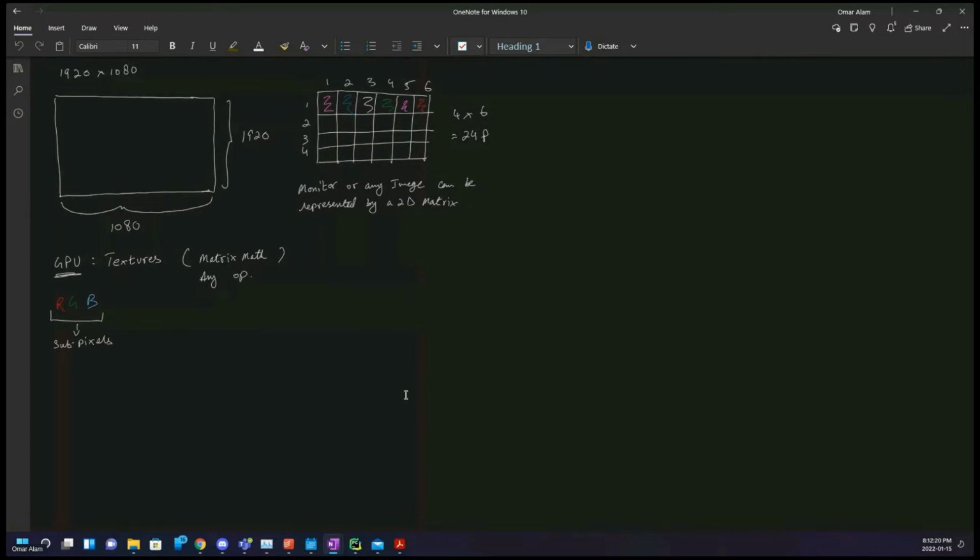And each subpixel, R, G, and B, has its own individual value, which can go from 0 to 255.